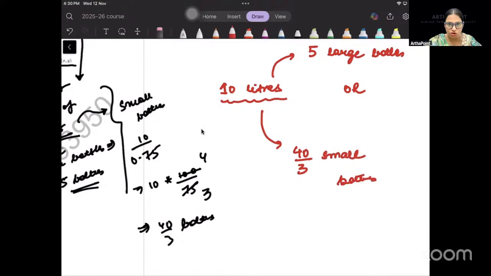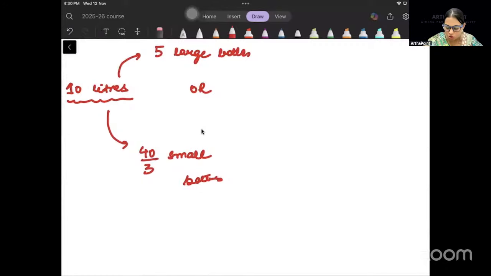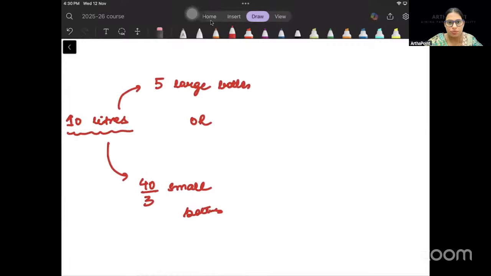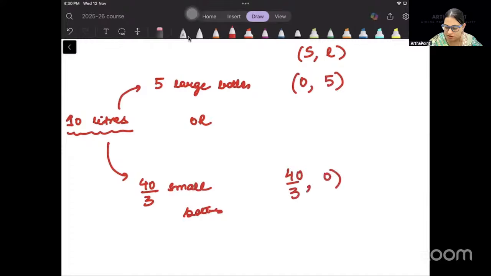So two things are possible. If I have to write my consumption bundle, then how can my consumption bundle look? Small comma large. So small 0, 5 large, or small 40 by 3 and 0 large.